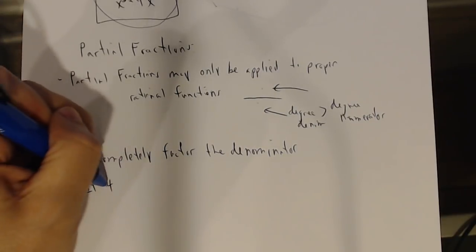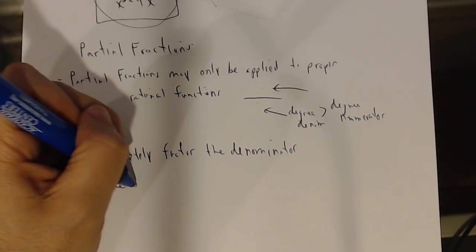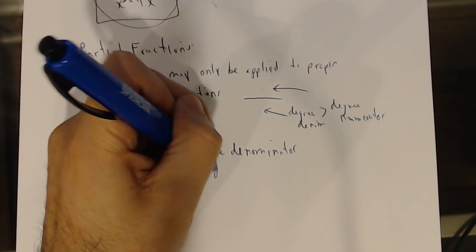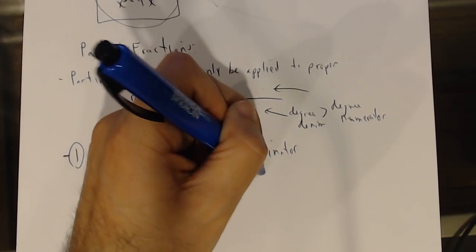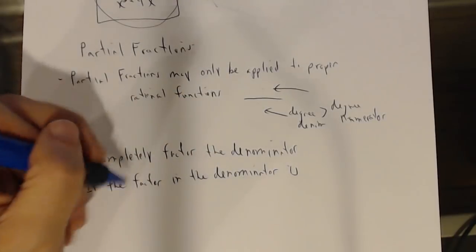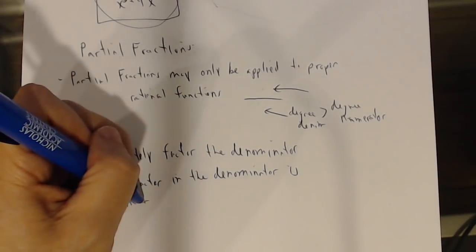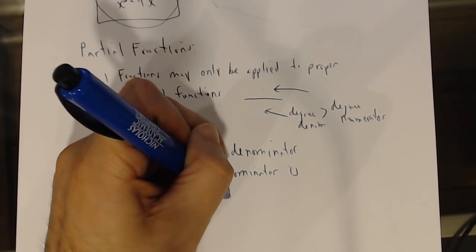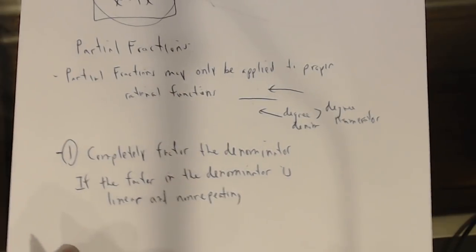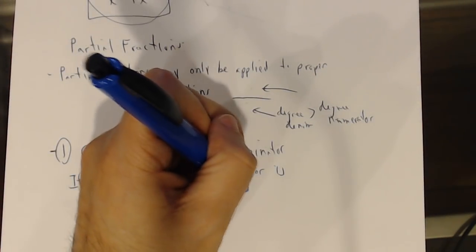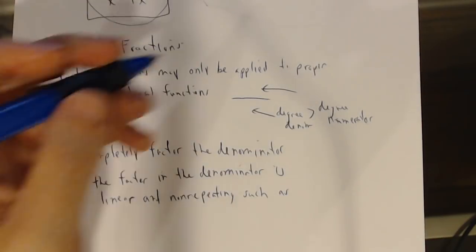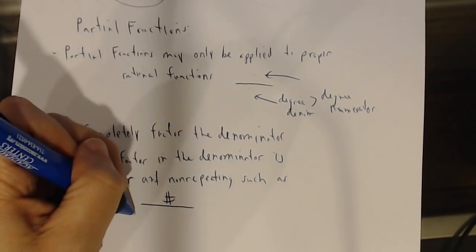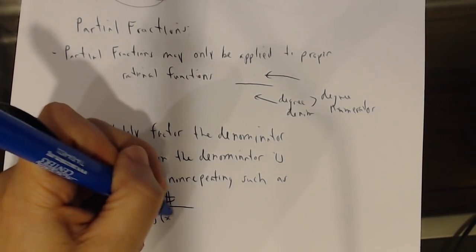If the factor in the denominator is linear and non-repeating, such as, let's just focus on something like this: some number over x plus 1, x squared plus 4.